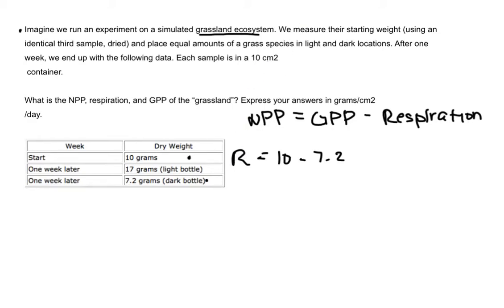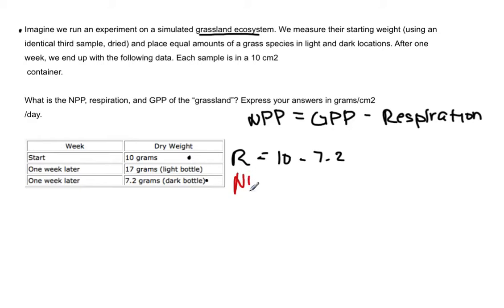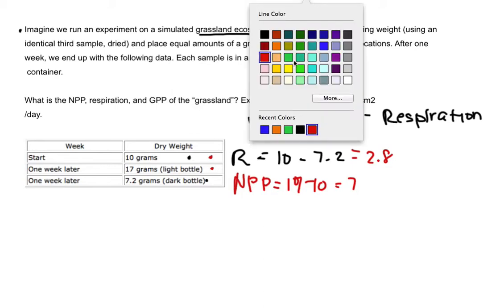And to get NPP, I'm going to do my change between my light and my initial. You can see that it gained mass because it was making stuff, and that would be 17 minus 10. So 2.8.